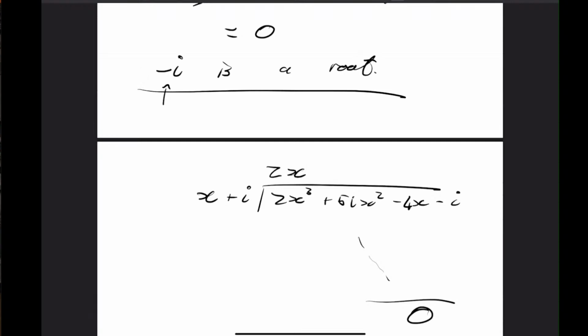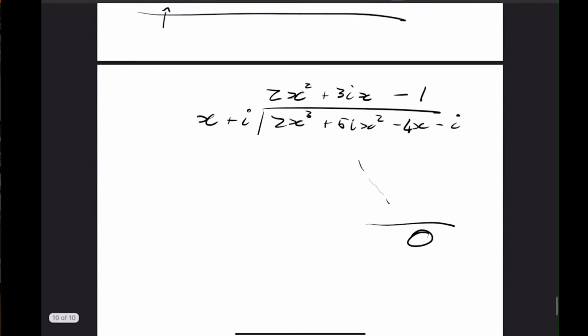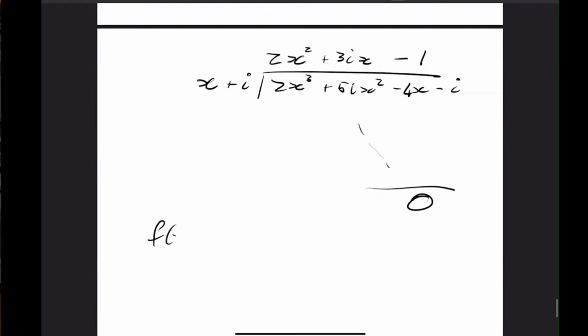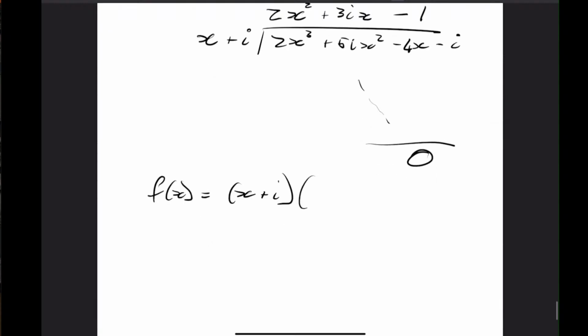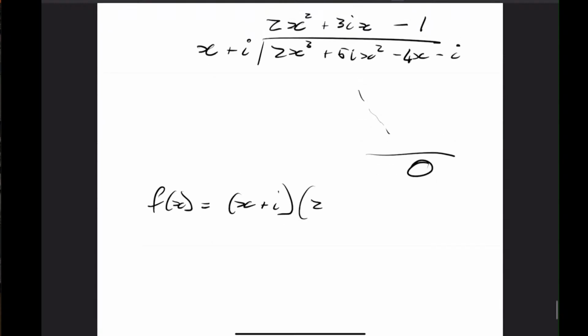And our quotient is 2x squared plus 3i x minus i. So we can write f of x as x plus i multiplied with 2x squared plus 3i x minus i.